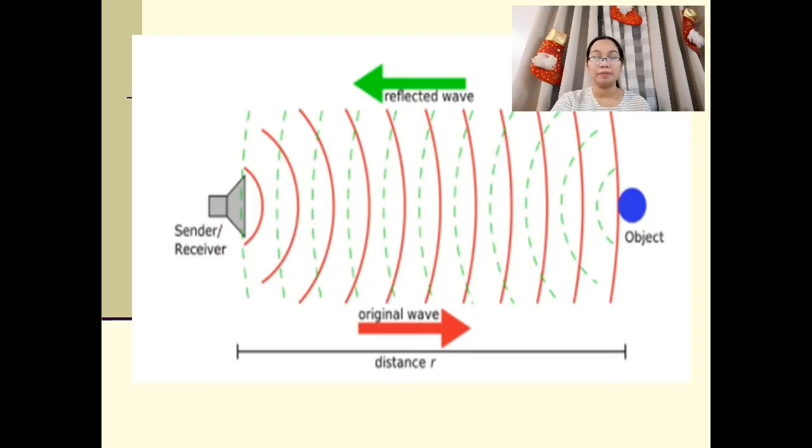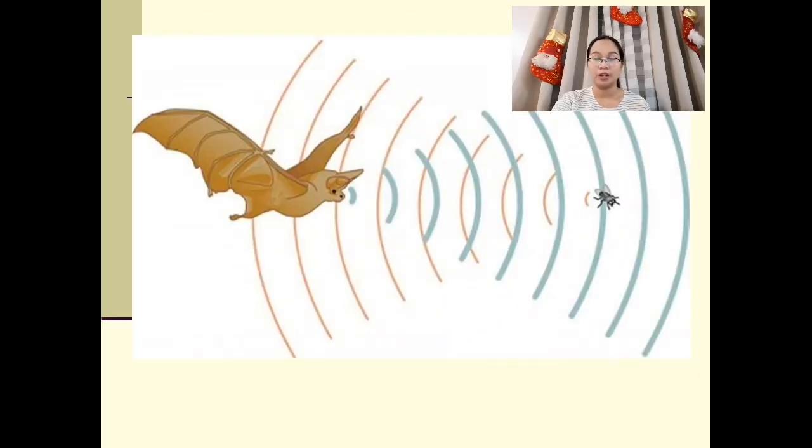Now we also have one application of echo, which is echolocation, wherein bats are using it, and dolphins are also using it, so that they will be able to know the distance of the prey. As you can see here in the illustration, the bat produces sound, and then as it meets an insect, that sound will bounce back, and then they can estimate the distance the sound has traveled and also the actual distance of the bat to the insect, so that they will know how far their prey is.